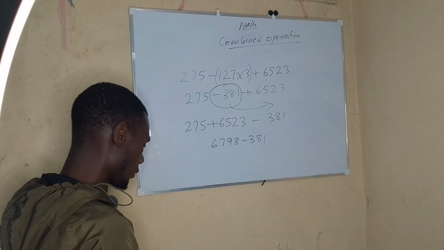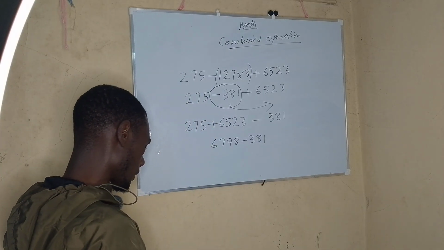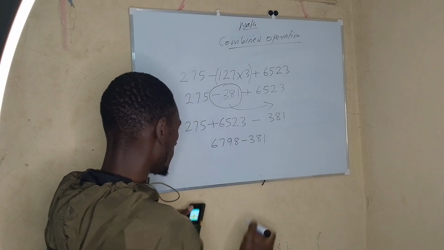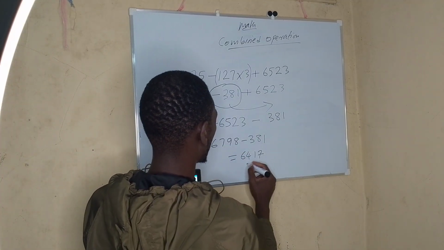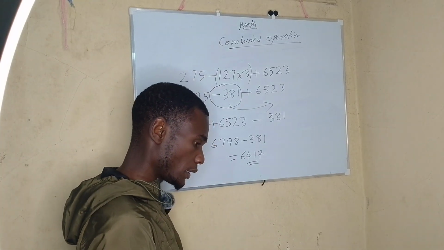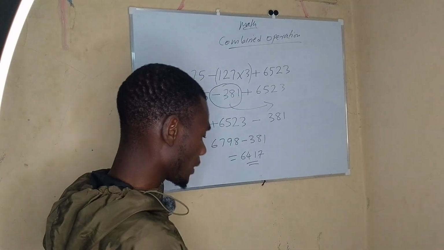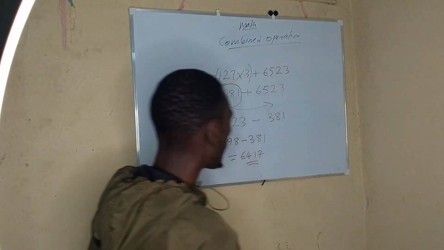Now that is the last operation, minus 381. So we get a total of 6,417. Now, that is the order of operation.